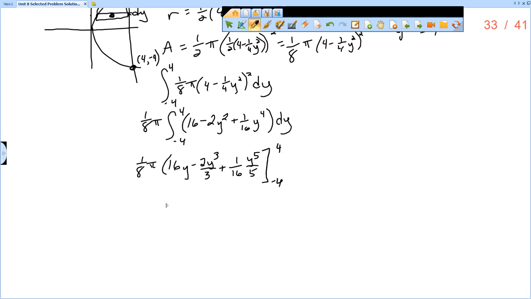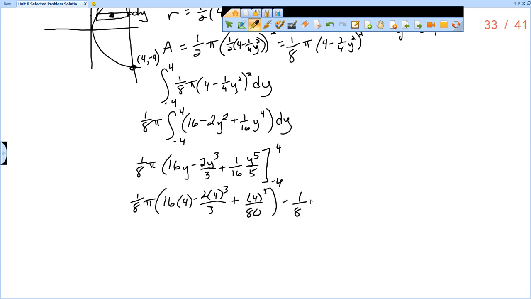I've got the 1/8 pi. Plugging in 4: 16 times 4 minus 2 times 4 cubed over 3 plus 4 to the fifth over 80, since 16 times 5 gives us 80.